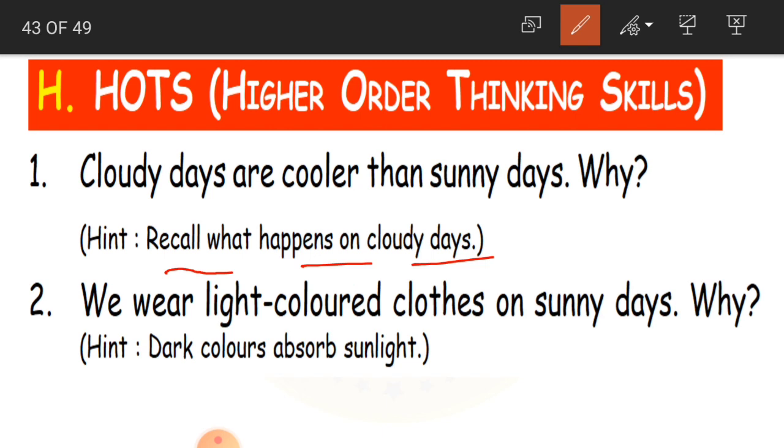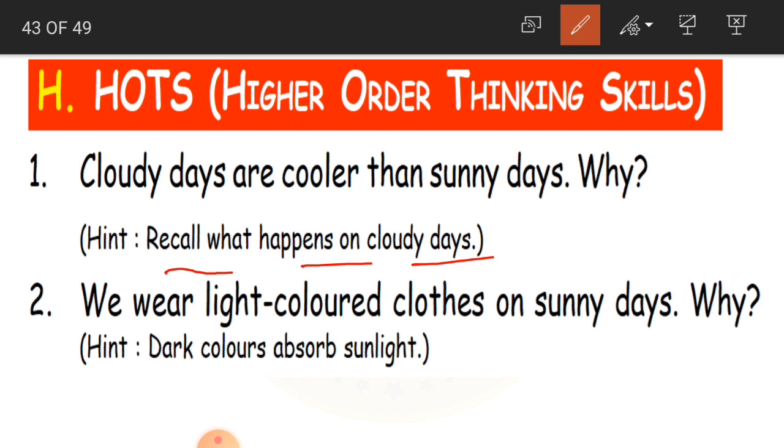The clouds are going to cover the sun, so the sun rays will not be able to pass through that place. Because of that, the weather will be cool because there is no sun. When the sun is not there, there is no heat. When heat is not there, definitely the air will be cool. So this is the reason.